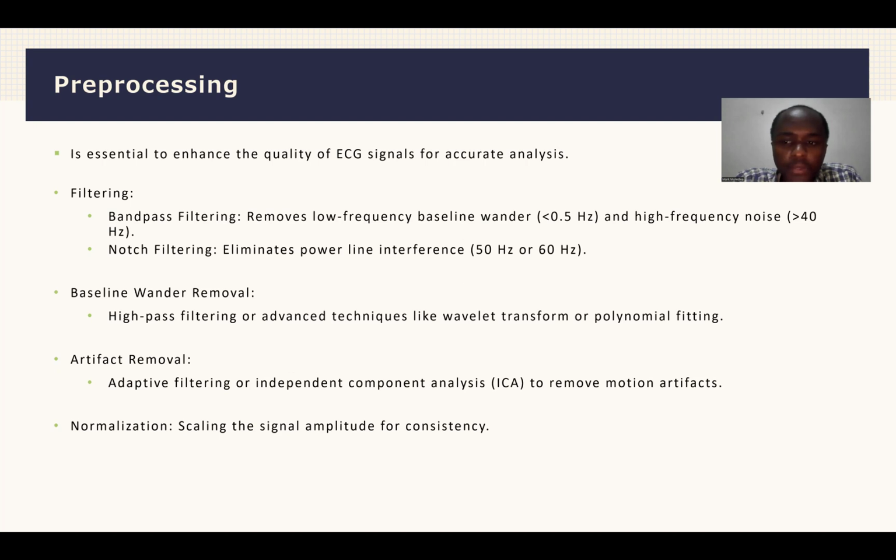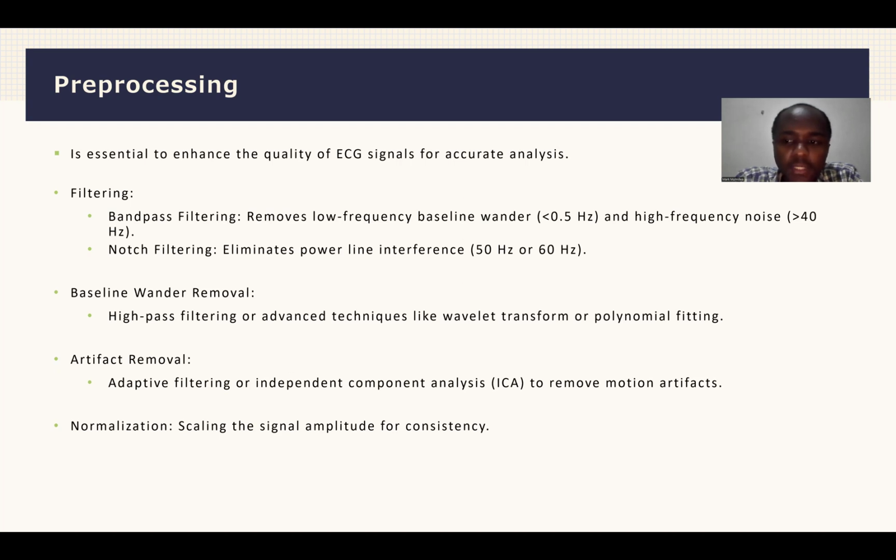So to continue to the next part, which talks about artifact removal. Artifacts are unwanted signals that distort EEG data. Common artifacts include eye blinks, muscle movements, and also power line interference. Independent component analysis, which is ICA, is under artifact removal.